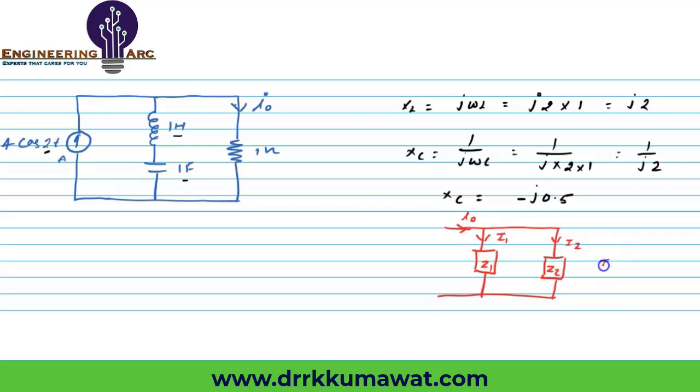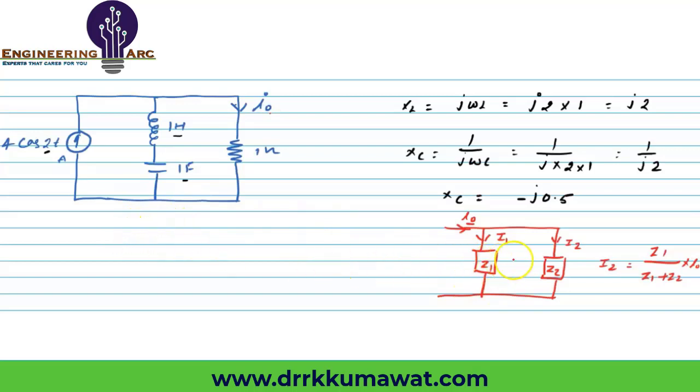For example, if we want to calculate current I2, the current across Z2, first we write the impedance of the opposite branch, Z1, upon the total impedance Z1 plus Z2, and multiply by the total current I0. Here I0 is the input current. Okay, that is the difference.